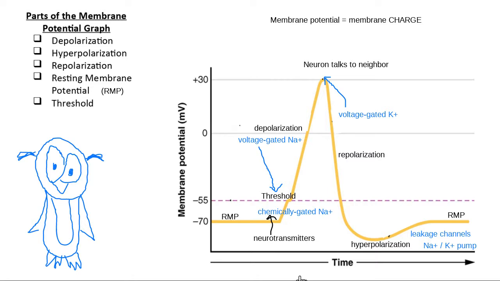So based on that, do we have any guesses where on this graph I might see voltage-gated calcium channels activated? Where might this neuron be spitting out neurotransmitters?